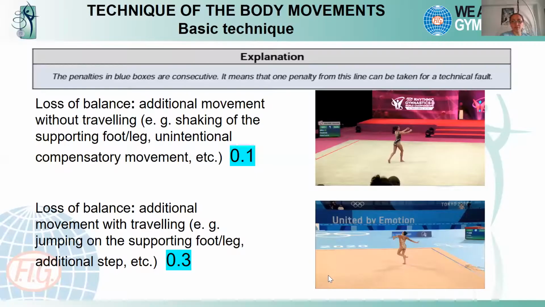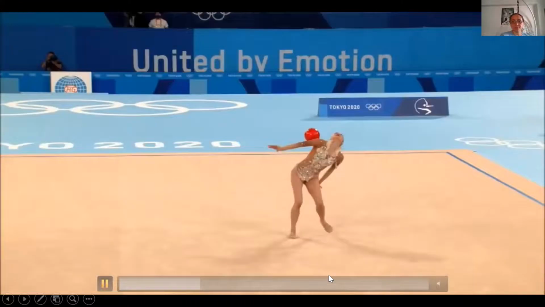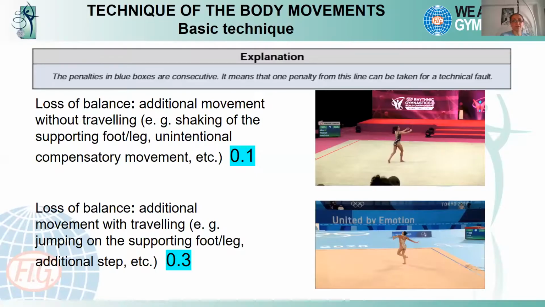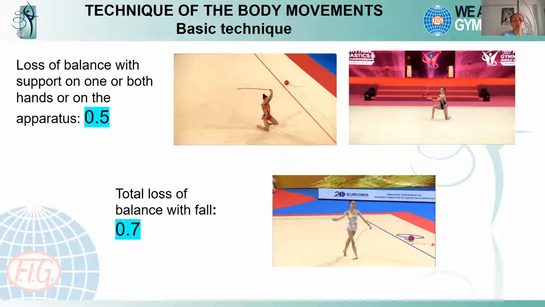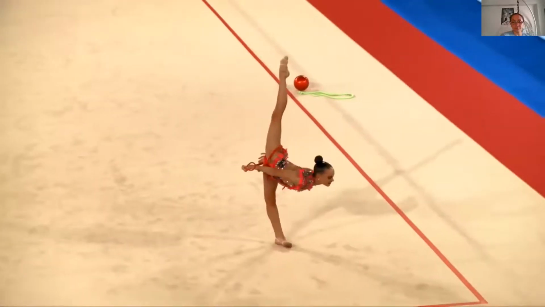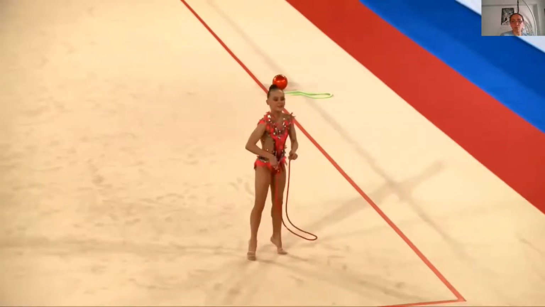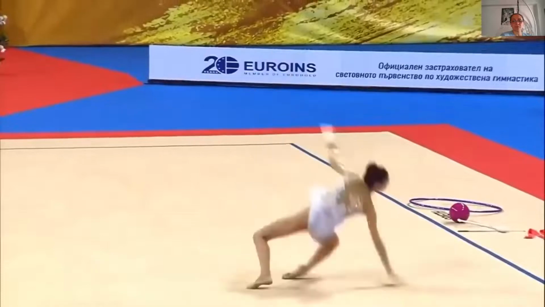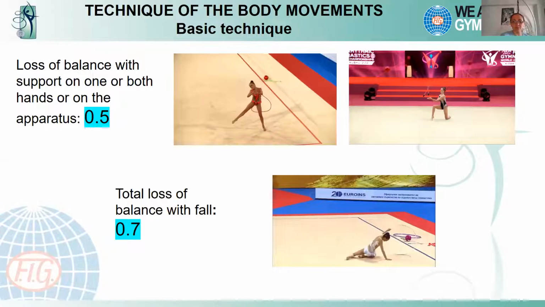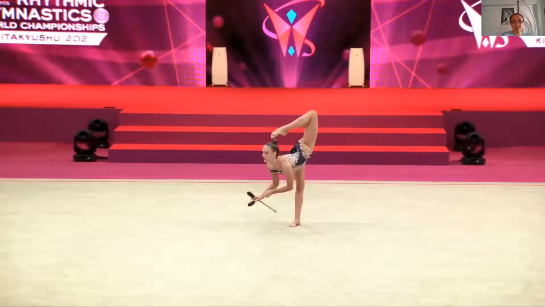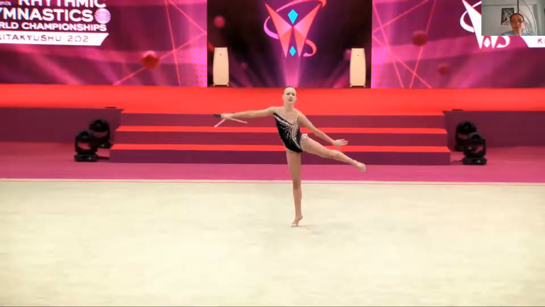And this is with traveling. 0.3. Loss of balance with support on one or both hands, or total loss of balance with 4. This is with support, 0.5. This is total loss of balance. And this is with support.